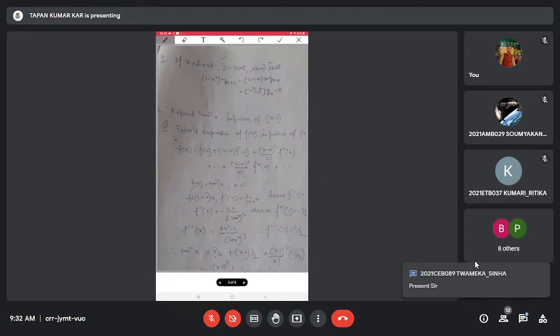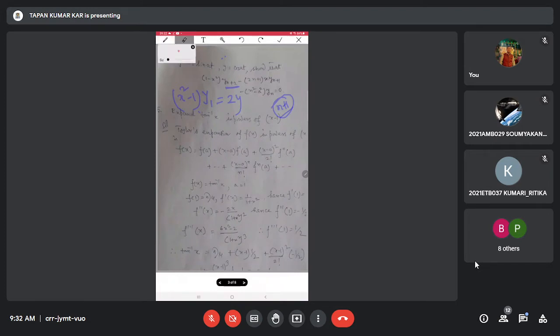If you get a relation like this, say for example, x square minus 1 into y1 equal to 2y, suppose. Then you have to take the n plus 1 times derivative using the Leibniz theorem, because here it is n plus 2.